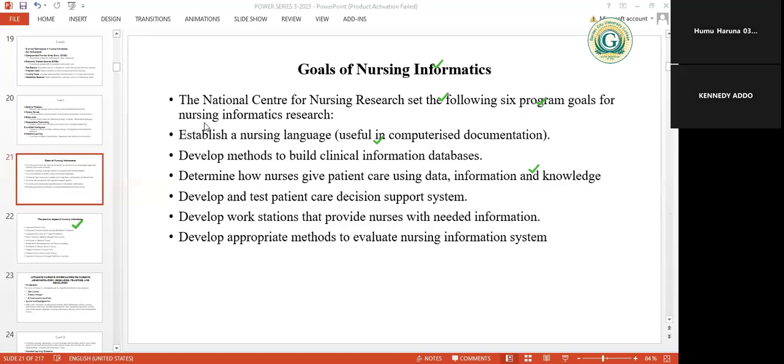It has improved on our accuracy in our field of work. It helps us retrieve patient information easily.